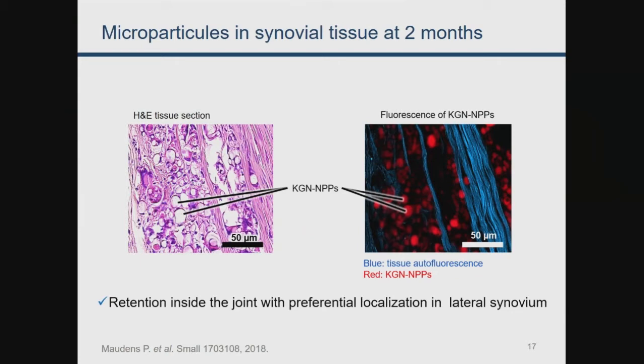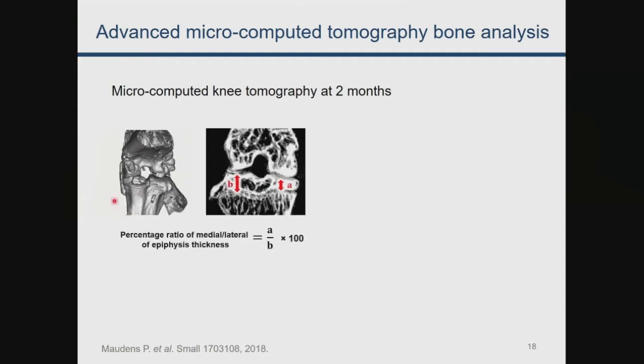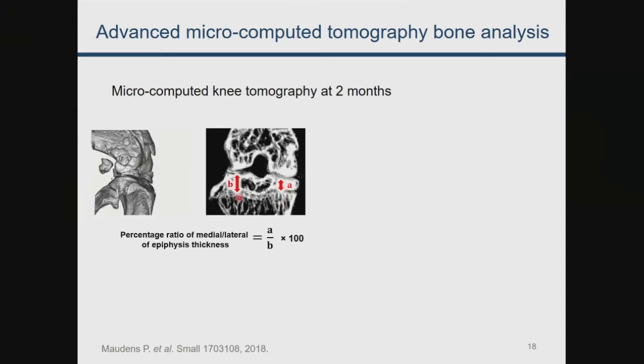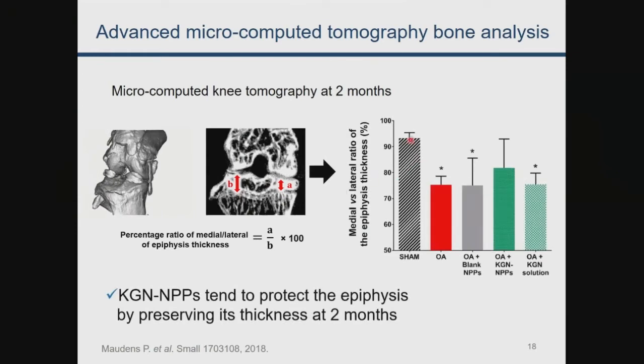Now, if we look at the outcome in terms of bone, first, microtomography at 2 months allowed us to measure the ratio of the epiphysis. So this is the epiphysis, and the medial thickness here compared to the lateral thickness is a marker of the progression of the disease. It is reduced compared to the non-operated healthy joint.